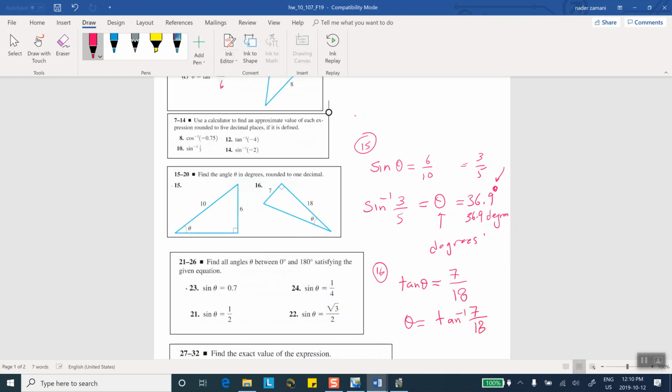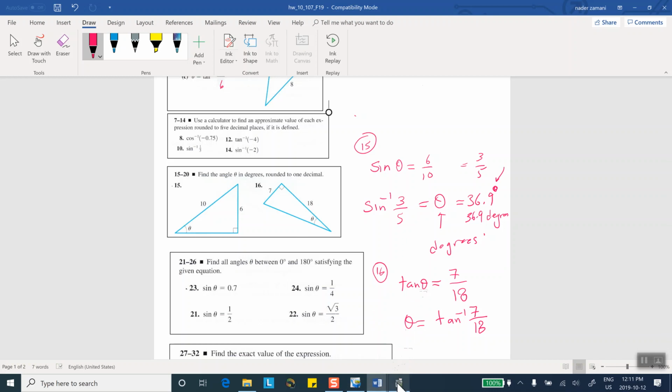Again, I want to remind you that there are infinitely many angles whose tangent is 7 over 18. To make sure that everybody gives the same answer, universally we have agreed that the angle that the calculator spits out is always going to be between minus 90 degrees and 90 degrees. Minus pi over 2 to pi over 2. That is the range of the tan inverse function.